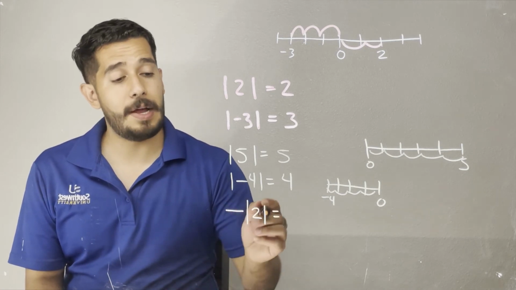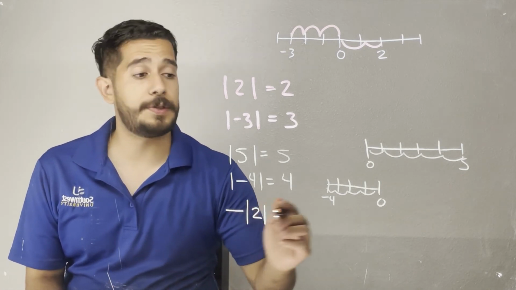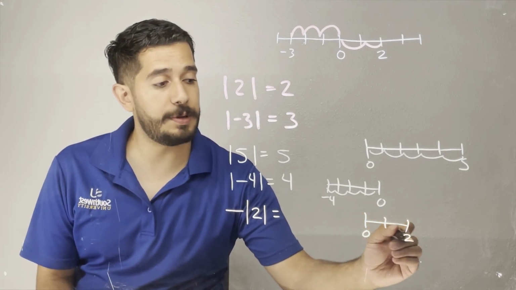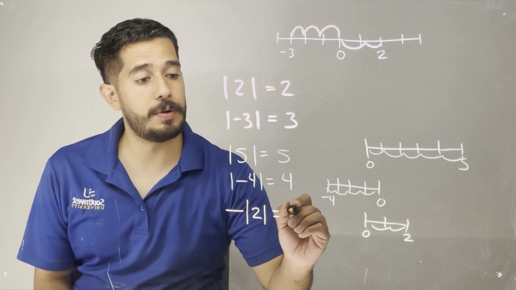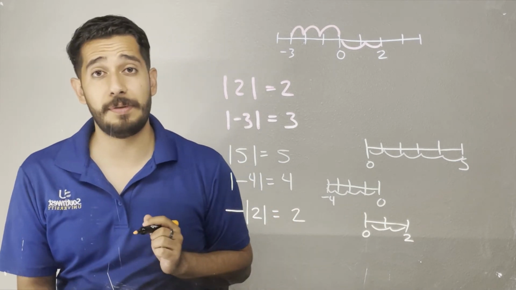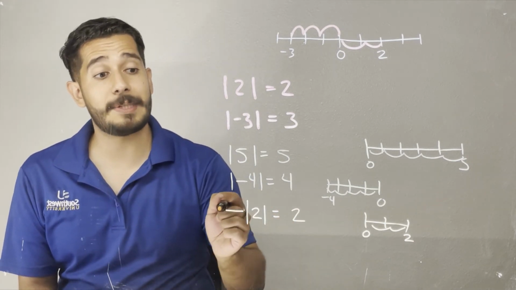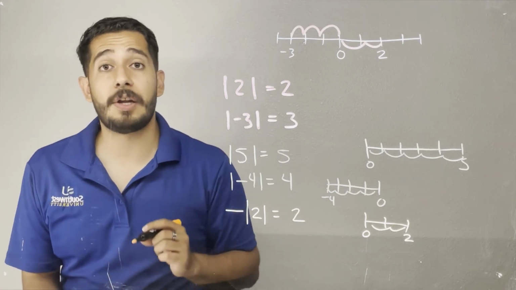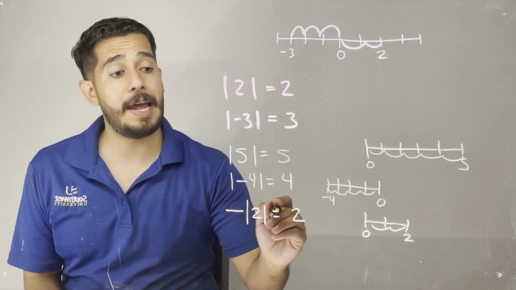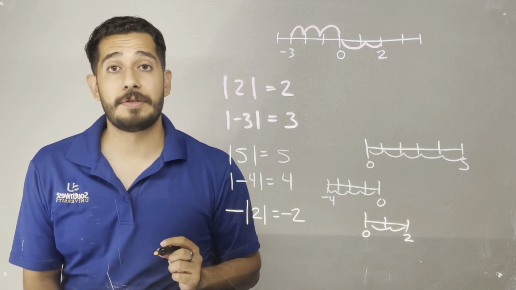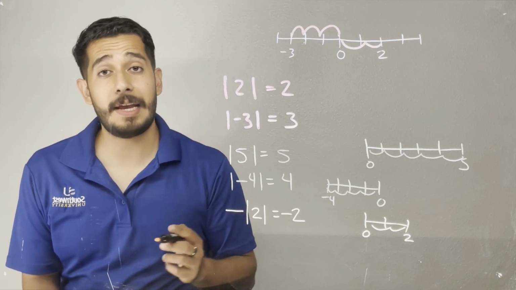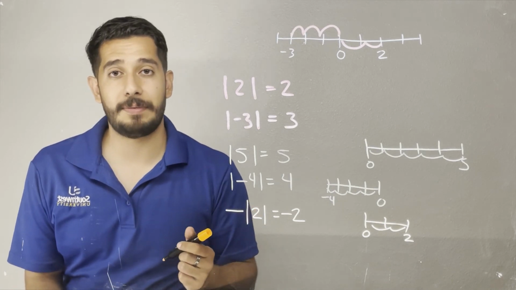Let's find the absolute value of 2, which is how far 2 is from zero, and the result is 2. But we have a negative sign outside the absolute value bars, so we should not eliminate that sign. That sign has to carry over to the result. Since we have a negative sign, that has to go in the result as well.